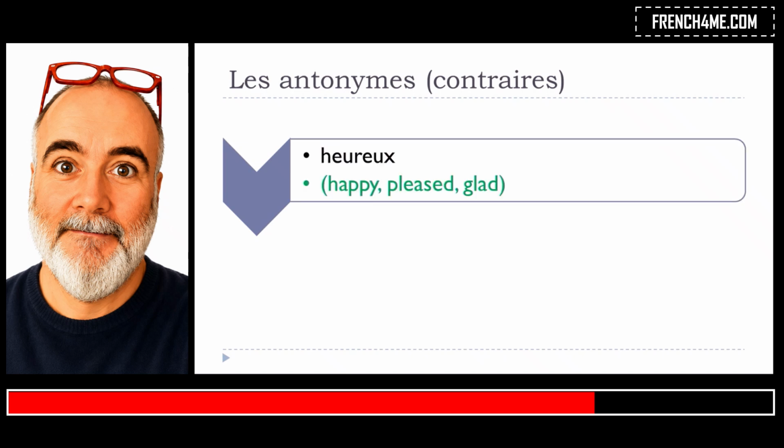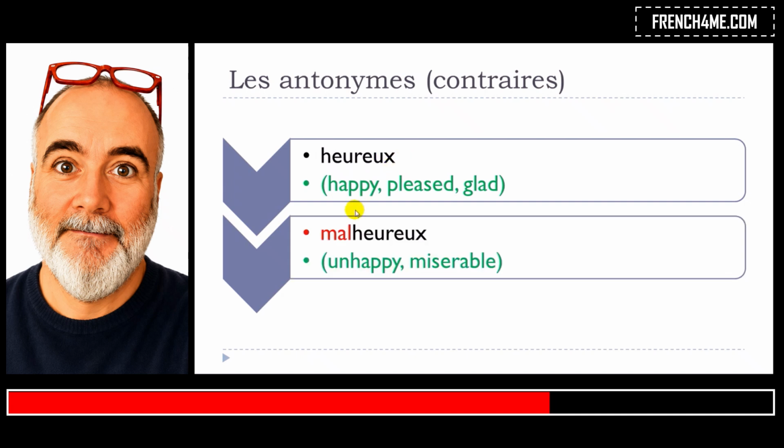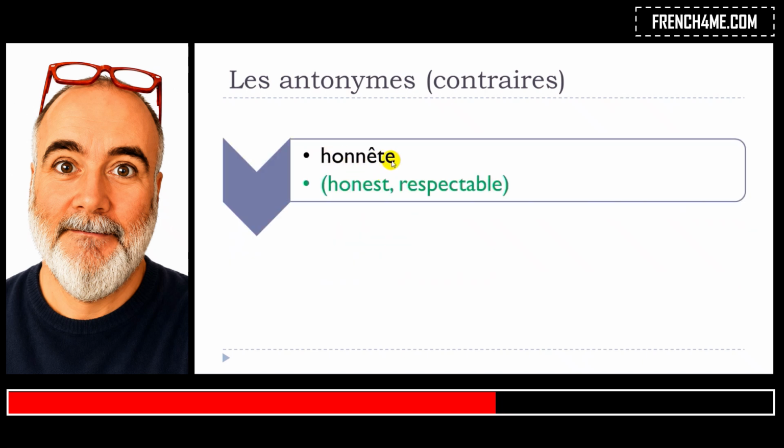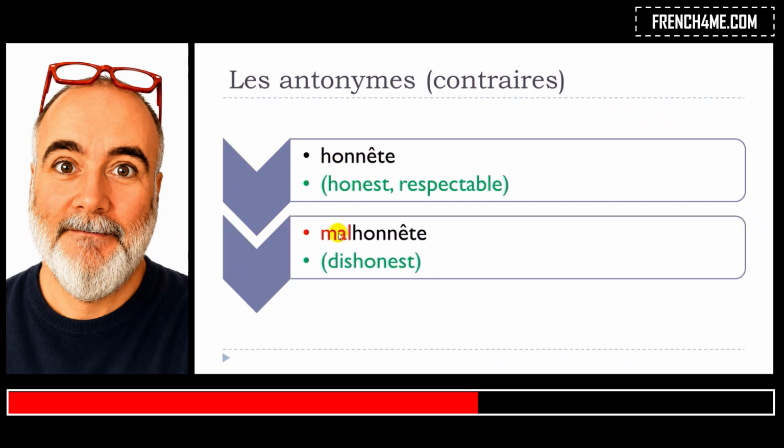First example, quite interesting, it's heureux. You can see the translation in English here in green. Heureux, okay? If you want to make the opposite, le contraire, l'antonyme, then you just put this mal and then heureux: malheureux. So heureux will give you malheureux. Second example, honnête, and then exactly the same rule: malhonnête.